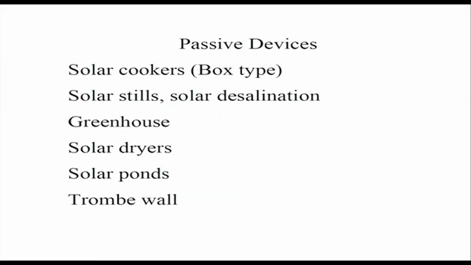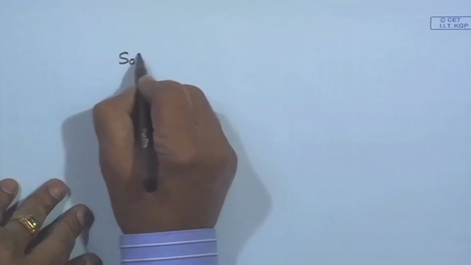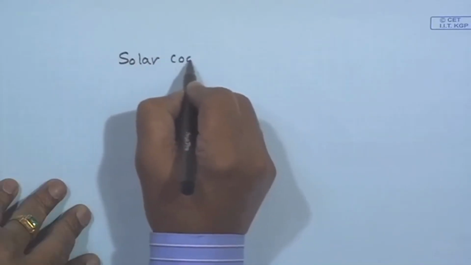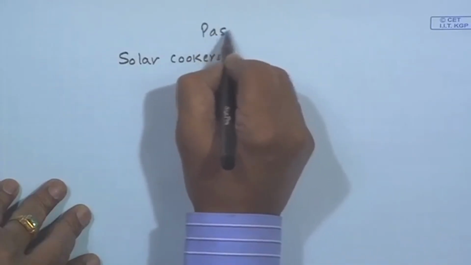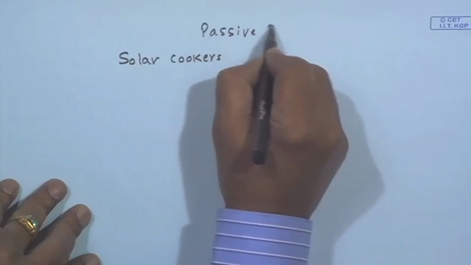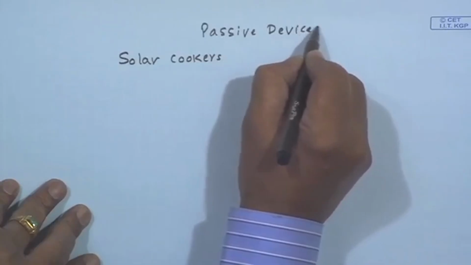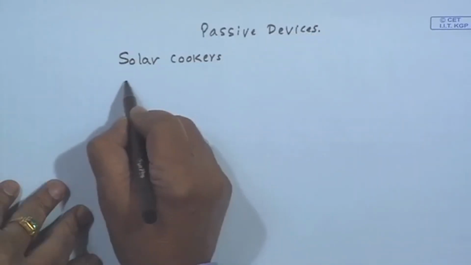Then we considered passive systems, and we also recognized there is no strict demarcation of passive devices and active devices, but nevertheless the following, like solar cookers, and solar stills.